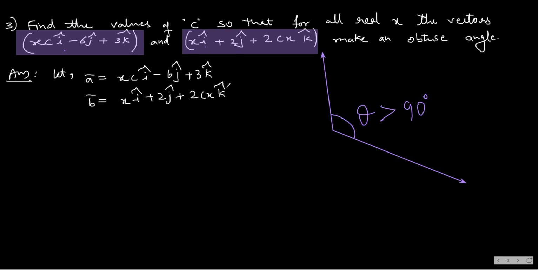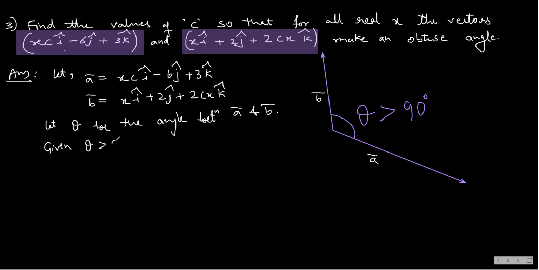So let theta be the angle between A bar and B bar. Given, theta is greater than 90 degrees.